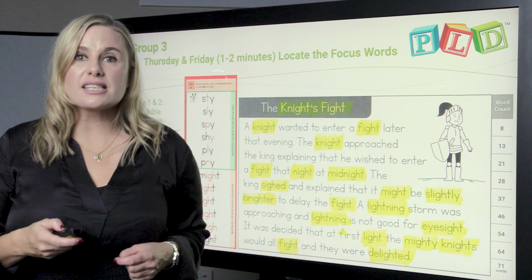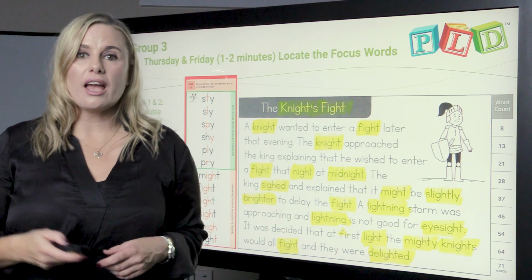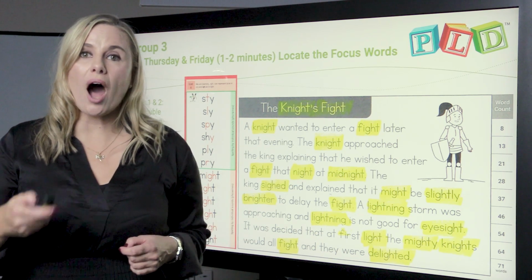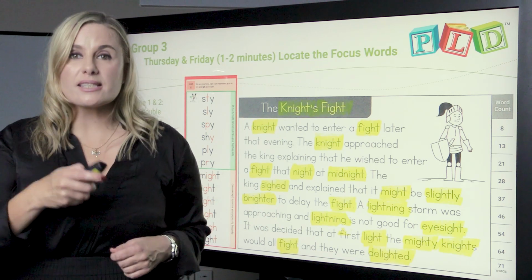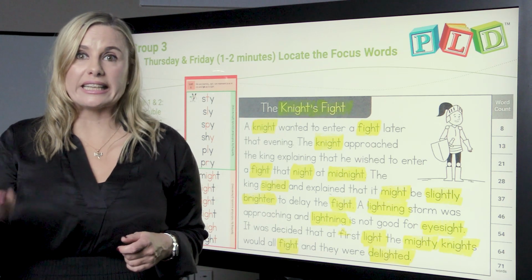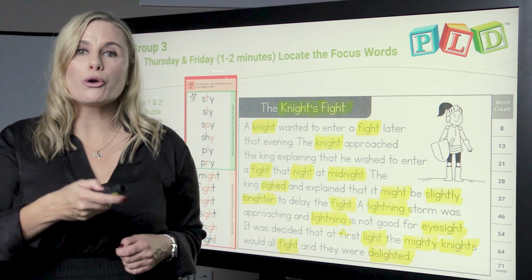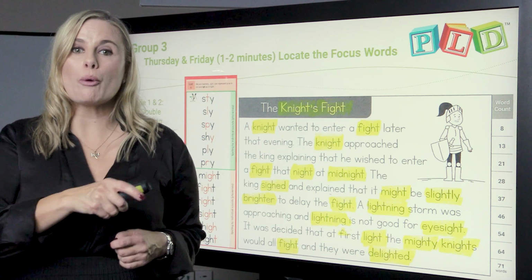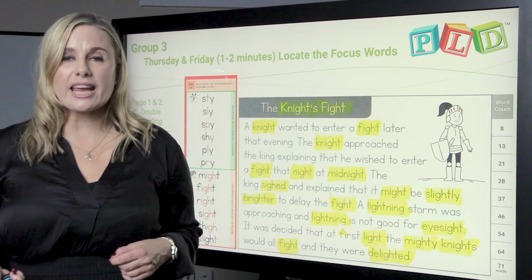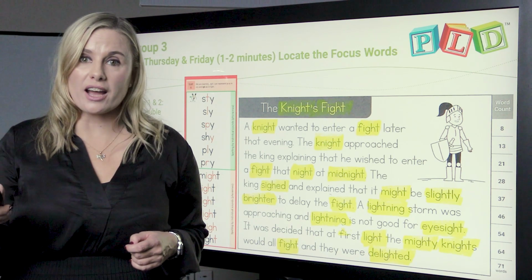The king sighed and explained that it might be slightly brighter to delay the fight.